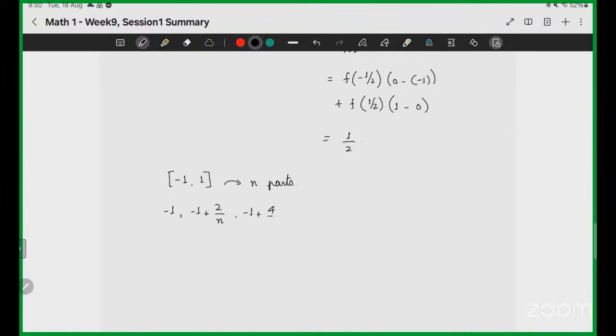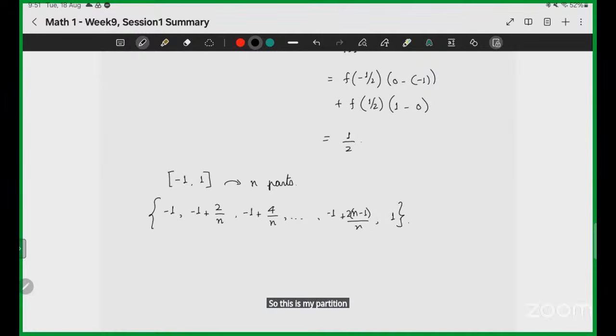All the way up to -1 plus 2, which is 1. So the last term will be... n minus 1. And the last term will be n by n, which is just 1. So this is my partition.